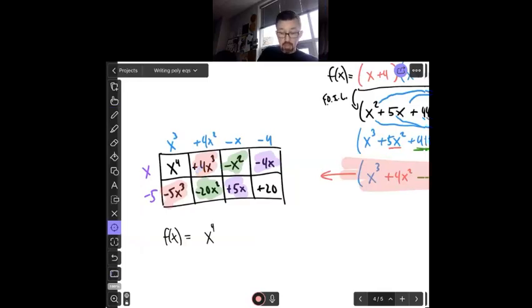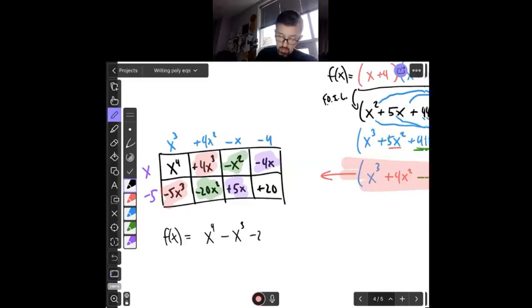Positive 4 minus 5 would be negative 1, so minus x cubed. Negative 1 minus 20 is negative 21x squared. Negative 4 plus 5 is positive 1 x. And I have that plus 20 there at the end.